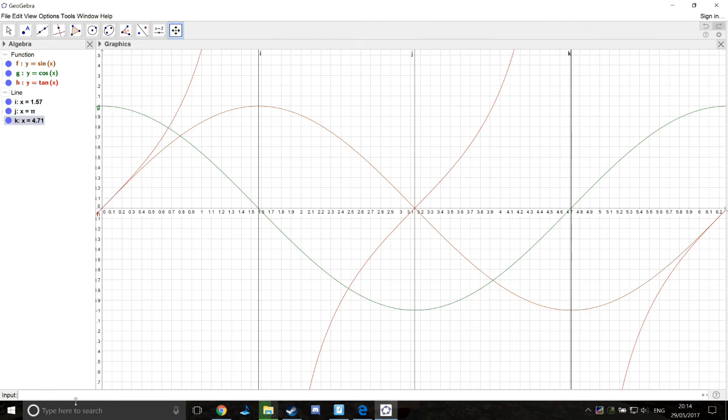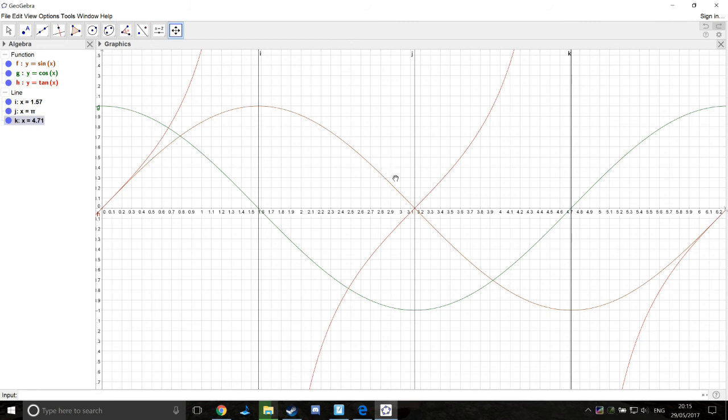And these sections are the cast diagram. Between 0 and pi over 2, so between 0 and 90 degrees, every single one of these trig functions, tan in red here, cos in green, and sine in luxurious brown, they are all positive. Look at them all positive, all above the x-axis there. And then between pi over 2 and pi, so between 90 and 180 degrees, only sine is positive.